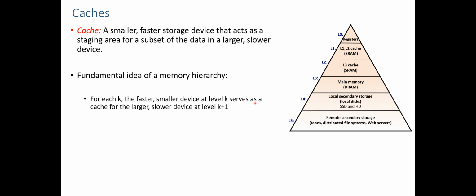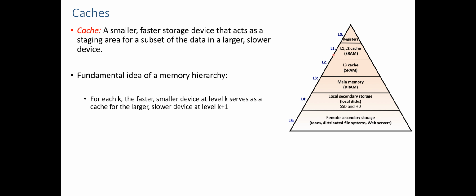The fundamental idea here is that for each of these levels K, the faster, smaller device at some level serves as a cache for the larger, slower device at level K plus 1.